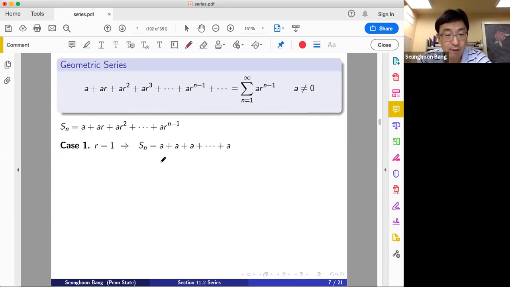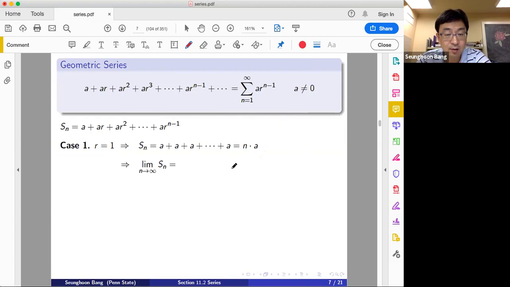How many a's do we have? We have n a's. So this is n times a. Does it make sense? One example is 2 plus 2 plus 2 plus 2. How many 2's? 4. So we have 4 times 2. You can write it like this. So this is n times a.